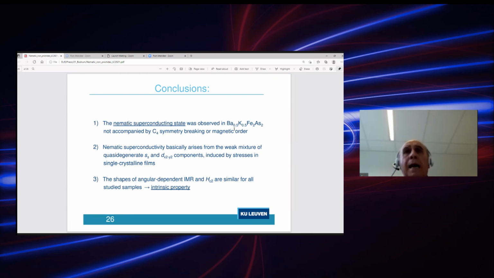And this is an intrinsic property because the form of this magnetoresistance was obtained for different samples and different thicknesses. The general form is the same. So it is only due to the mixing of some states, which is an intrinsic property of this superconductor. That is why we call it the nematic superconducting state.